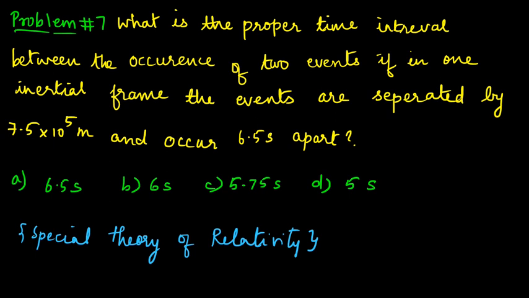So basically, proper time is the time interval in an inertial frame in which the events occur at the same location. So in the other frame, my event will be occurring at the same location, so my del x will be 0.